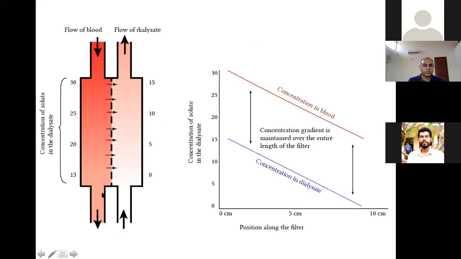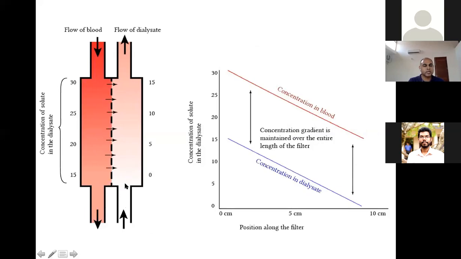The reason for a counter current mechanism is to facilitate the transfer of fluid and solute. If you see now, this is the blood, going from top to bottom, and the dialysate goes from bottom to top. The blood will have high concentrations of urea, creatinine and potassium as it enters the dialyzer. At this point, the dialysate solution usually has the lowest concentrations of these substances.